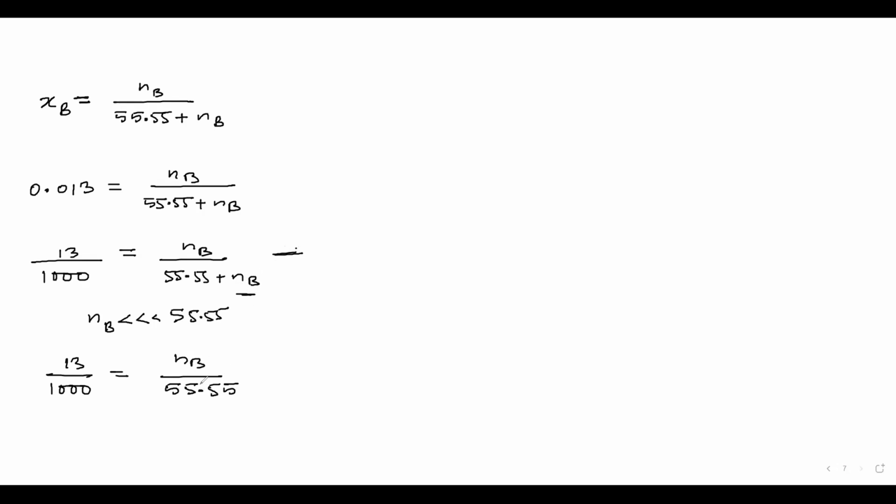Now your answer will be somewhat less accurate, but you will reach the answer easily. Now calculate this NB. You have only a linear equation in one variable. NB will be equal to 55.55 into 13 divided by 1000.